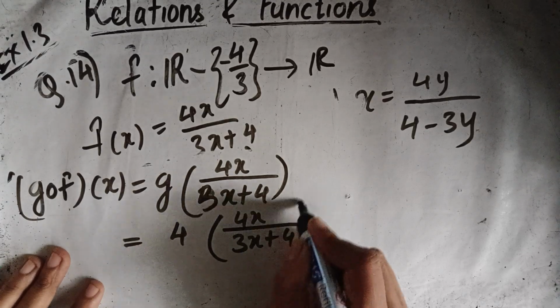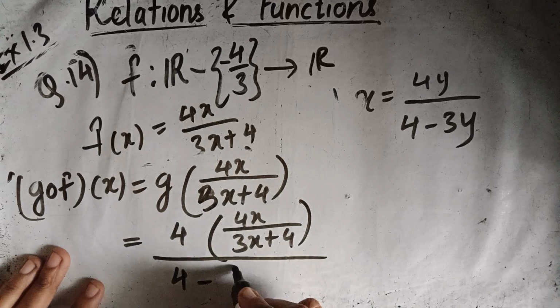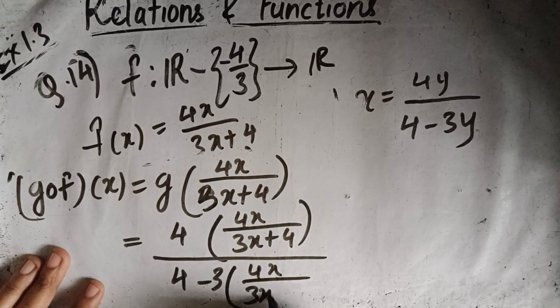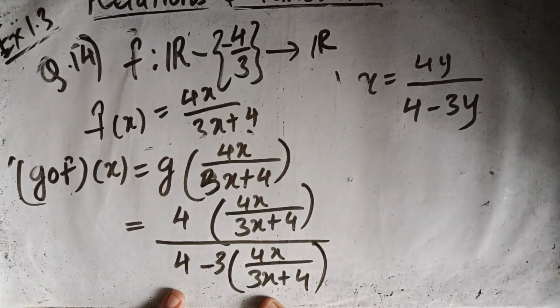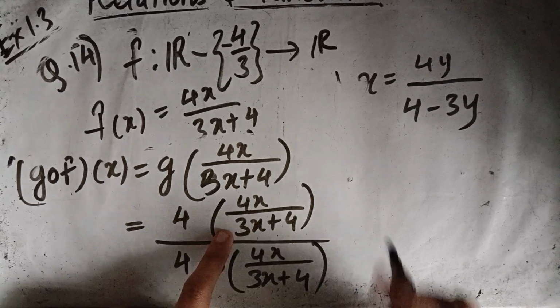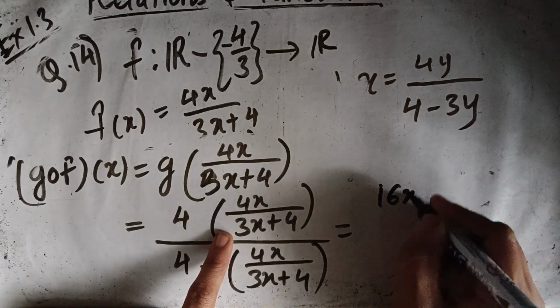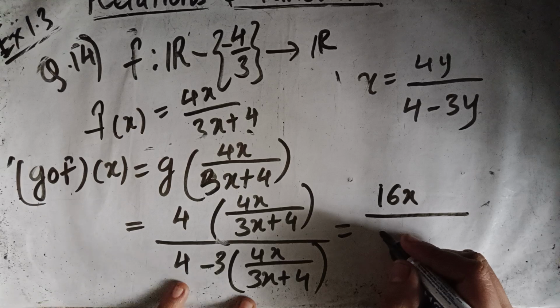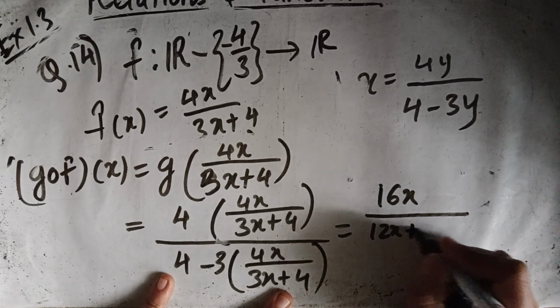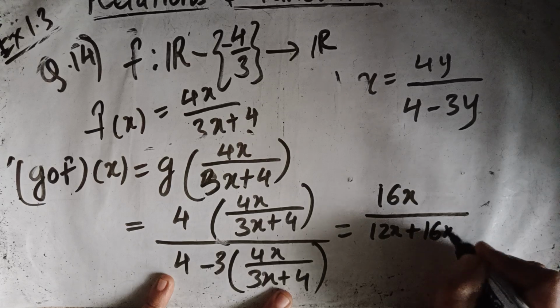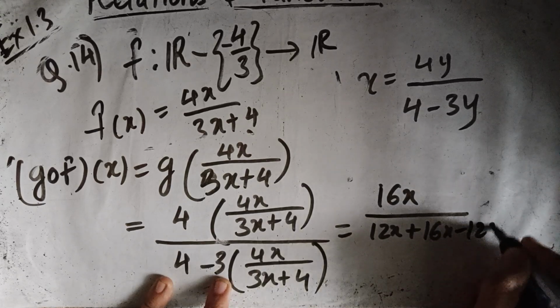Check for G composite f. Again the same thing will come. Again you have to do the cross multiplication here, and the denominators will get cancelled. 16x upon 12x plus 16x minus 12x.